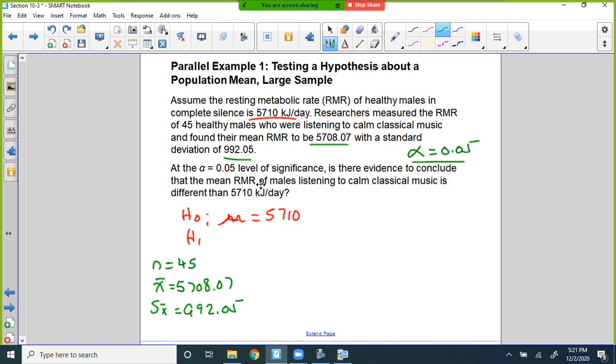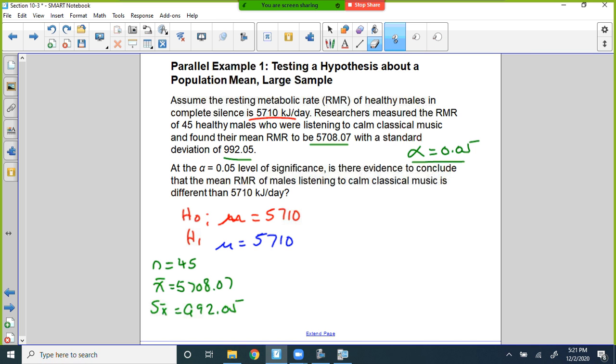At the alpha 0.05 level of significance, is there evidence to conclude that the mean resting metabolic rate of males listening to calm music is different than 5710 kilojoules per day? So my question is, it can't be an equal.